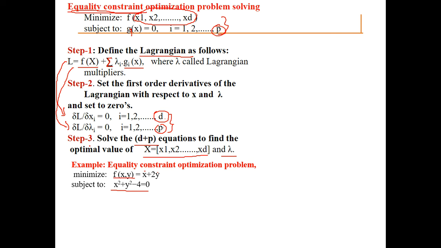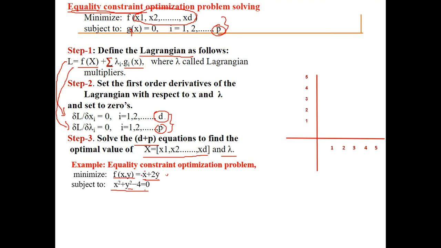So after differentiating, we are going to get 2 plus 1, 3 equations. By solving the 3 equations, we have to find the variables. It means we need to find x, y such that its value should be minimum given the constraint.